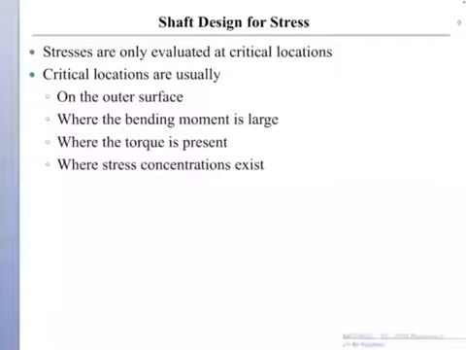You need to look at the whole shaft, you look at the geometry, you look at diameter, and you look at points where we have stresses, because critical locations are usually locations where there is large bending moment, where there is torque transmission, and where the smallest diameter is, and also on the outside surface of the shaft, because stresses are higher at the outside surface, both shear and bending stress.